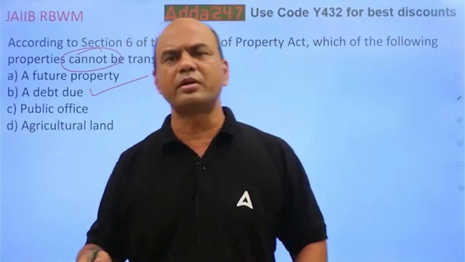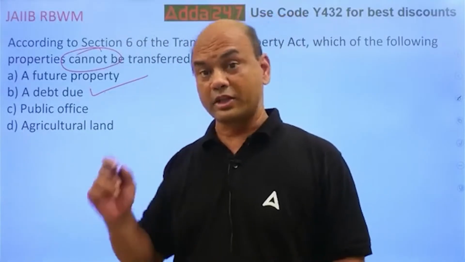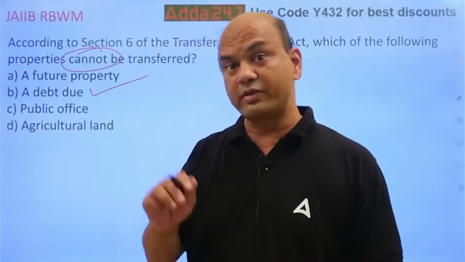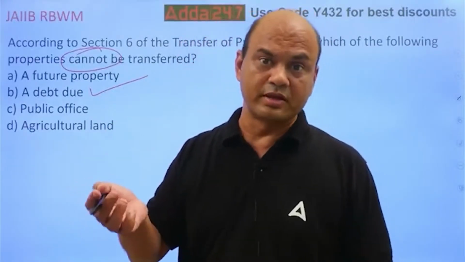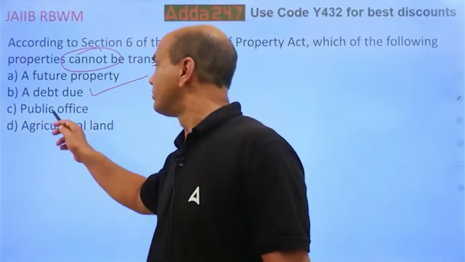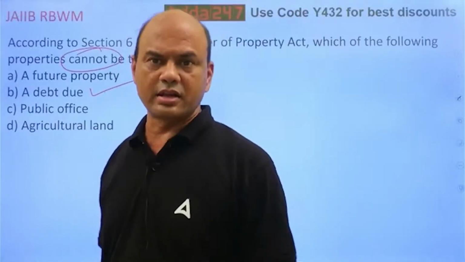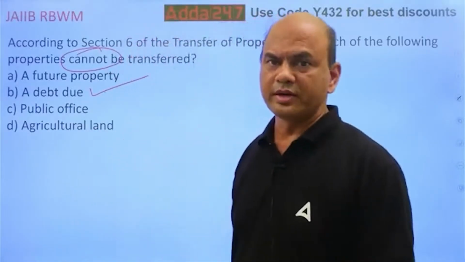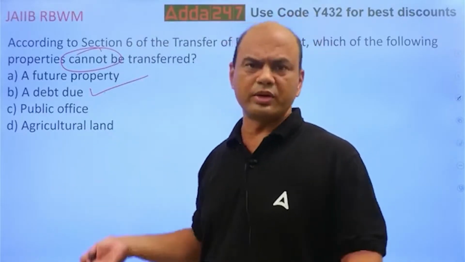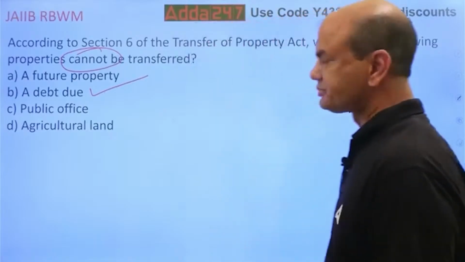I want that property to be transferred to my brother, son, wife, anyone. So transferability is there for future property. Even though I am going to get it in future, I can transfer it right now. Allowed. Public office, why can't the government sell it? It can. Transfer it. Again, agri land, you can definitely sell it. Agri land can be sold. Isn't it?